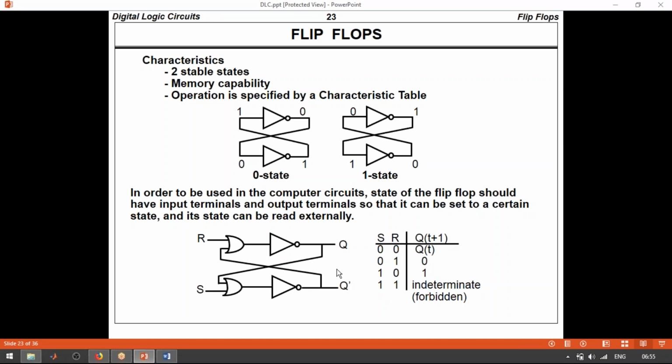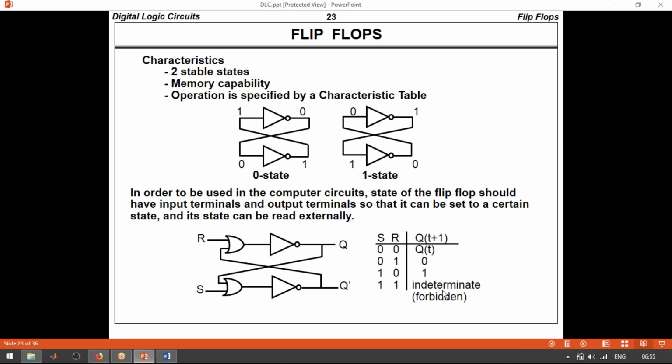If the inputs are 0 0, then the next state Q(t+1) equals Q(t), which means there is no change. 0 1 is the reset state, 1 0 is the set state, and 1 1 is forbidden or metastability.